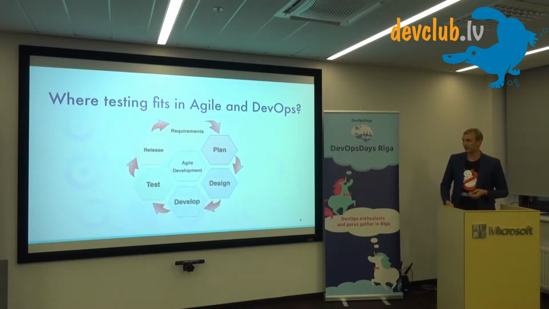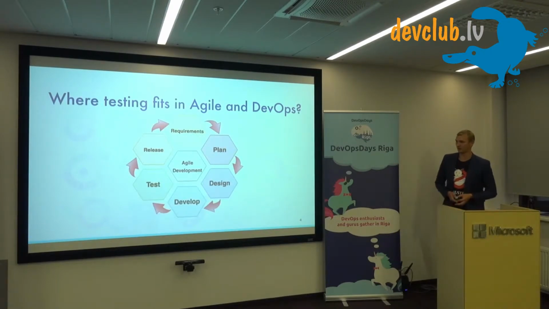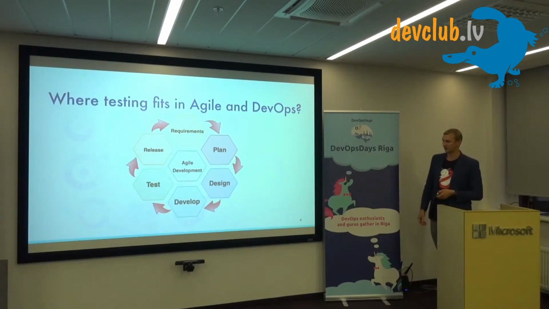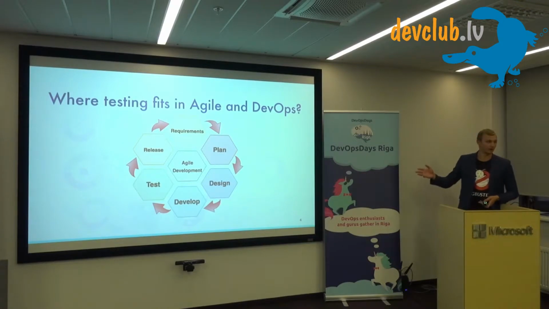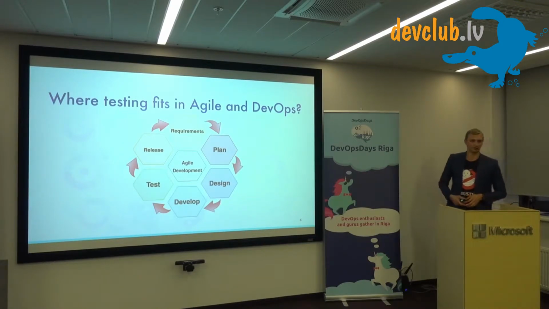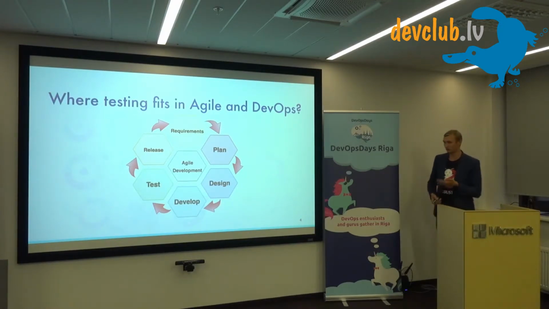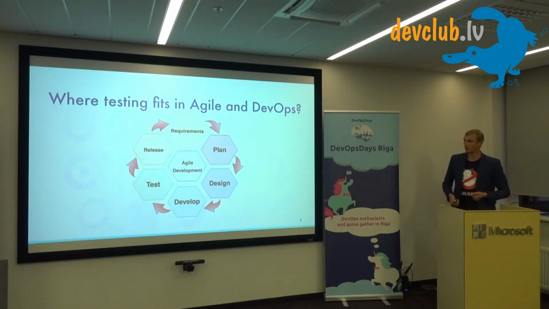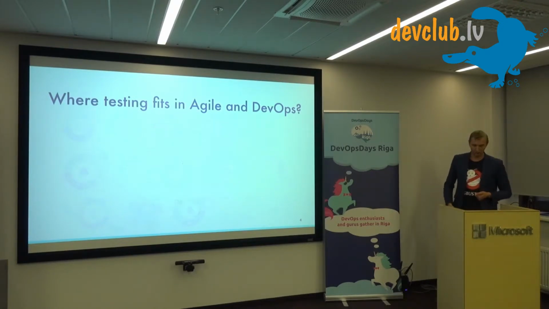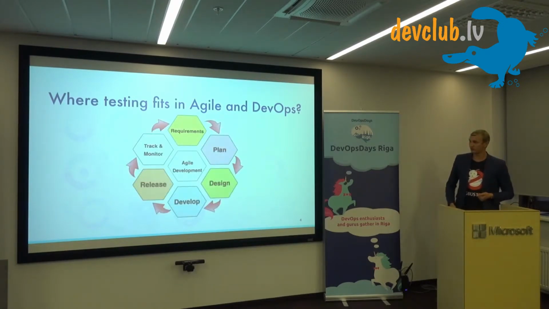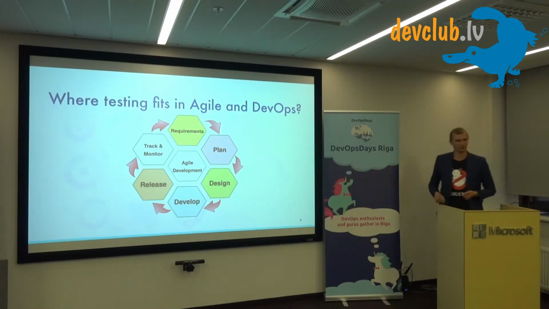One model looks like this, where the testing part is a separate part after development, where testers are taking the development outcomes and doing the tasks. But there was one more model, and it looks like this, but the difference is that testing is not mentioned here at all. So the question: where does testing fit in Agile?